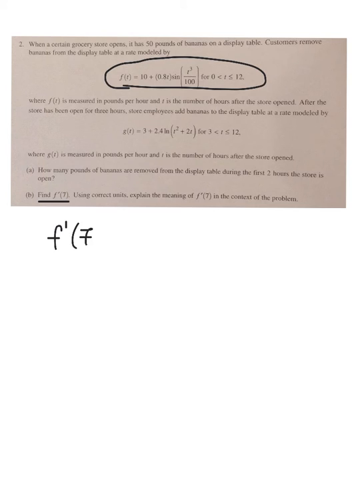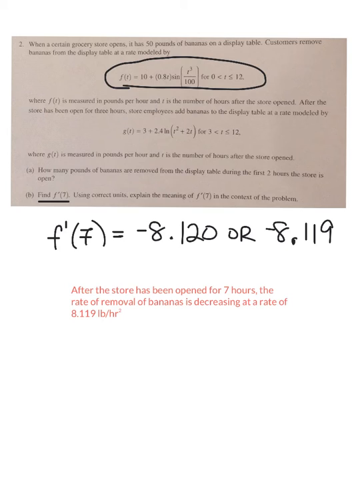And boom, it spits it out. Okay, so that's going to be what? Negative 8.120. Or you could say negative 8.119. Okay, depending on your rounding. They're both acceptable. And then they want to know in context of the problem what that answer really means.